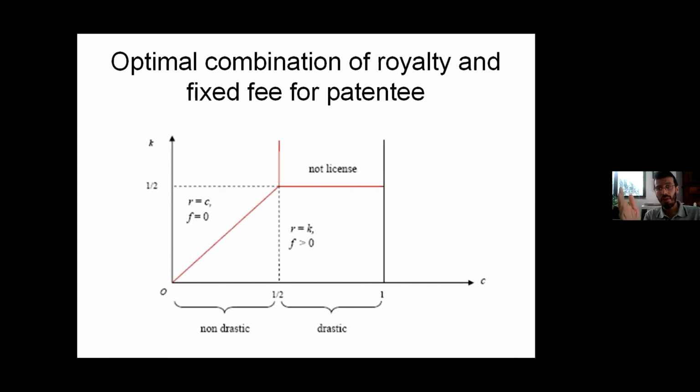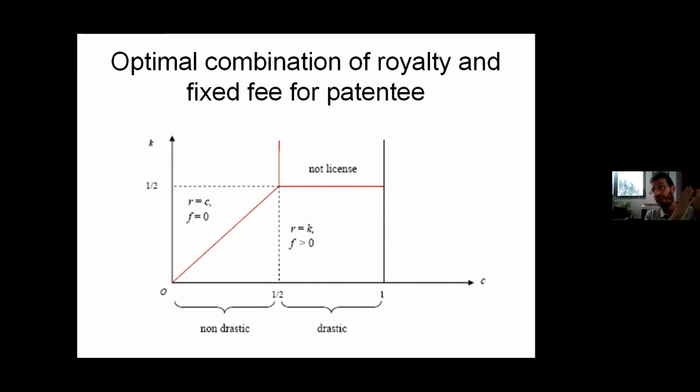So basically, in the case of non-drastic innovation, if K is sufficiently high, above the red line, what you have is a pure per unit royalty, where R is equal to c and the fixed fee is 0. But when K is sufficiently low, below the red line, the fixed fee is positive, and the optimal per unit royalty is equal to K, which is lower than c.